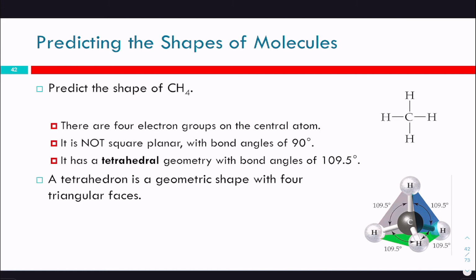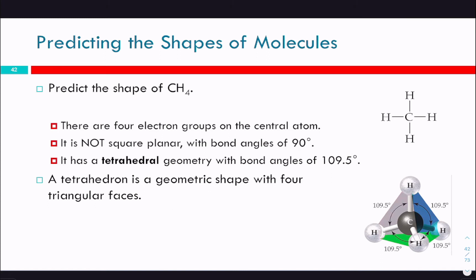If we add 4 groups and kept the molecule flat, they would form a cross, right? So that would put them at 90-degree spacings, but it's also not using the space in front of or behind that central carbon. So this would be square planar. This is wrong.